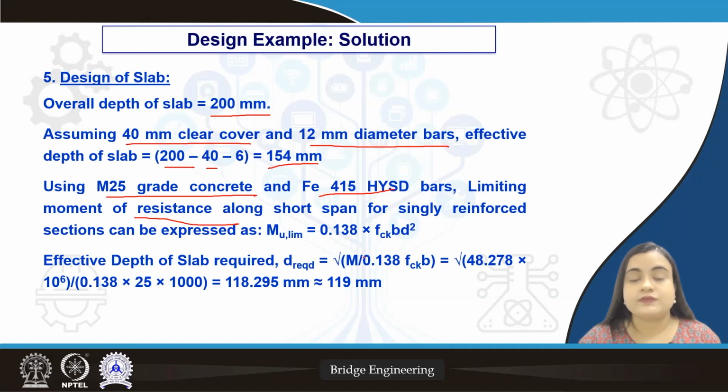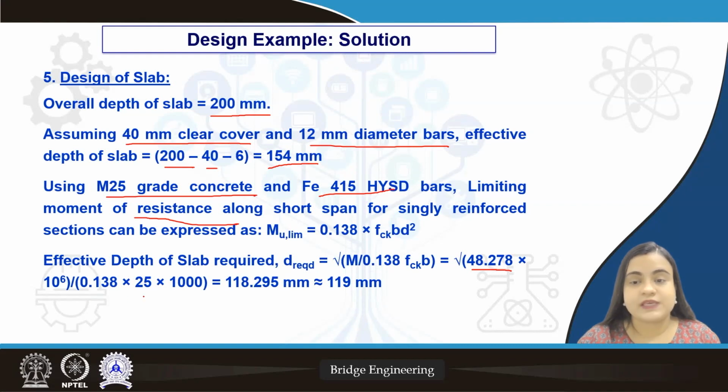So, the effective depth required can be obtained as square root of M by 0.138 fck b, where M is the design ultimate bending moment in the short span direction in the slab arising from dead load and live load, that equals 48.278 kilonewton meter that we have just now calculated, and we have to multiply it by 10 to the power 6 so as to convert it into the requisite unit system.